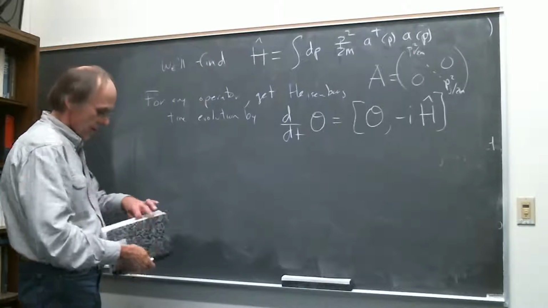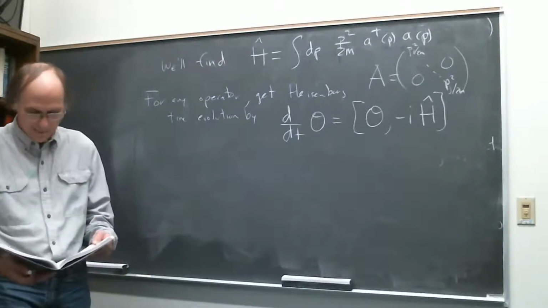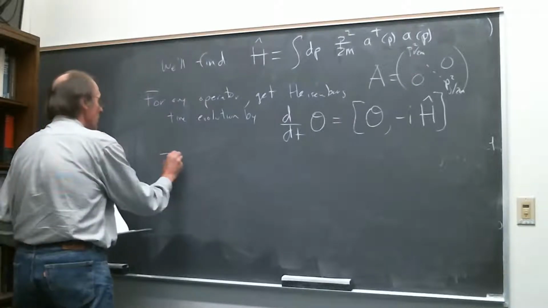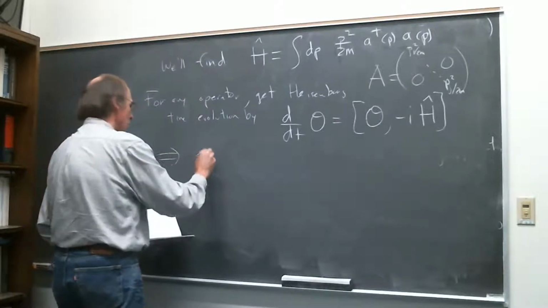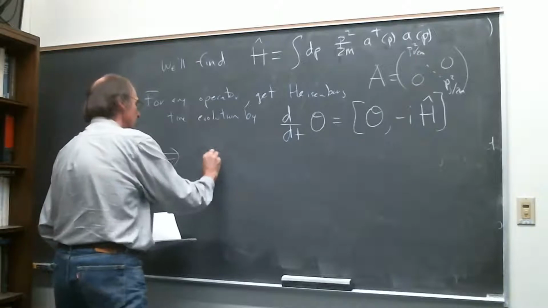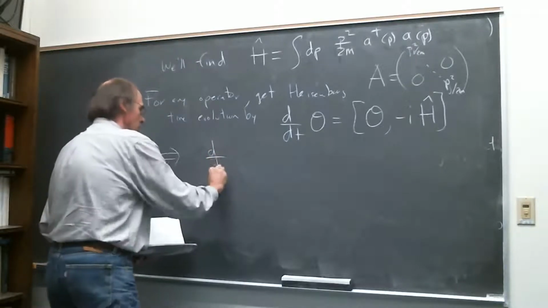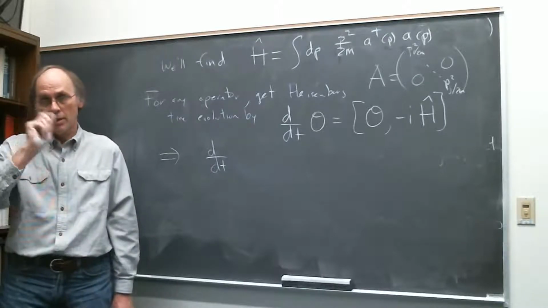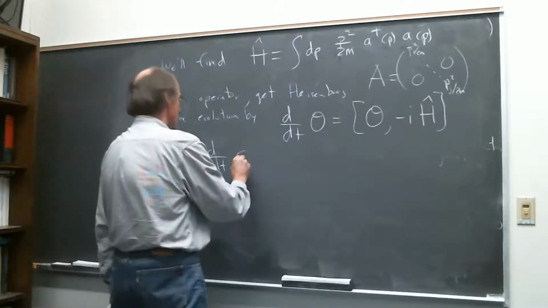And then this implies that d a dagger/dt is going to be the commutator with H. So one kind of operator is going to be these annihilation and creation operators.